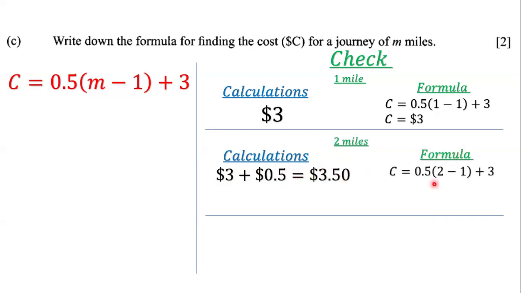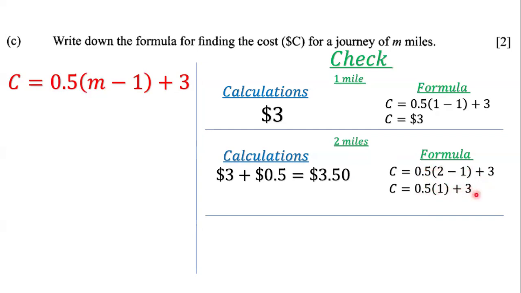The formula states that 0.5 times m minus 1, plus 3. Now, what is m? In this case, m is 2 because the number of miles is 2 miles. And so we say 0.5, open bracket, 2 minus 1, close bracket, plus 3. Now, what is 2 minus 1? Well, 2 minus 1 is definitely 1. And so we have 0.5 multiplied by 1, plus 3.